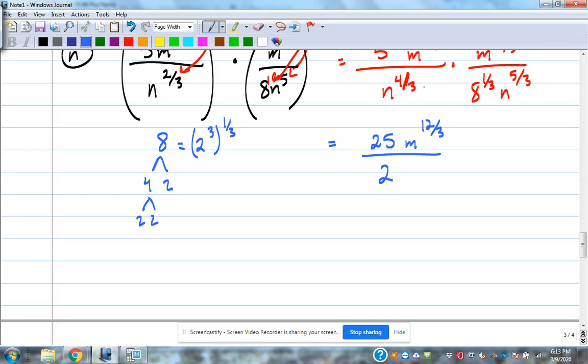And then we're going to add our exponents on the n's. 4/3 and 5/3 would be 9/3. And then I'm going to simplify those fractions. 25m to the 4th over 2n to the 3rd.